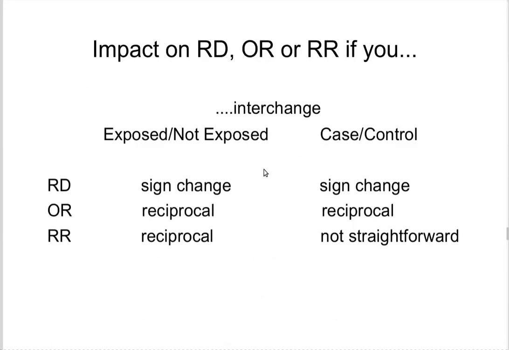So here's a little summary of what we have. If we interchange those exposed and those not exposed, simple things happen. But if we interchange case control status, in other words, here changing success to failure or vice versa, we get a sign change and a reciprocal for the risk difference and the odds ratio, but for the risk ratio, well, it's not easy.